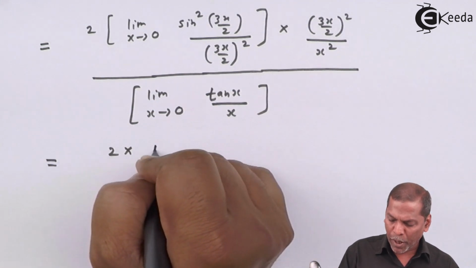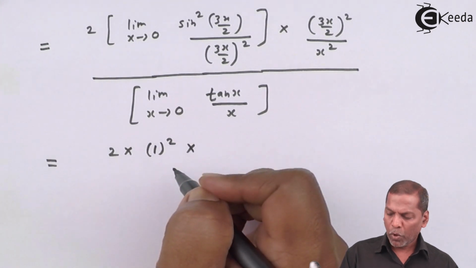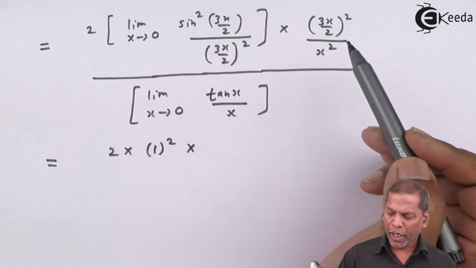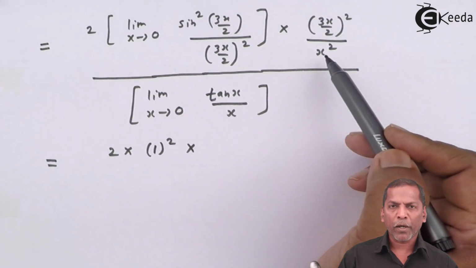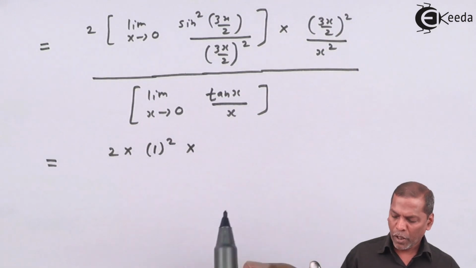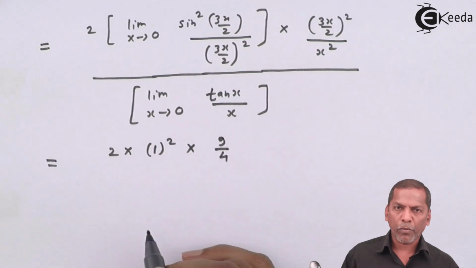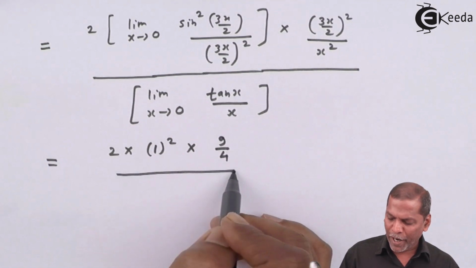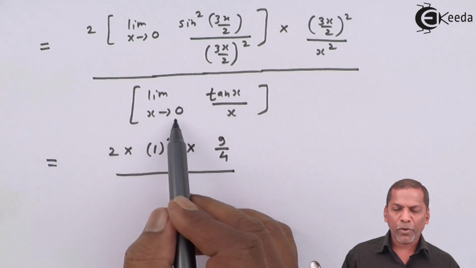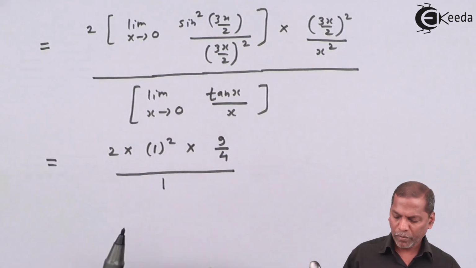So that gives answer 1 the whole square into, now here we cancel x square from numerator and x square from denominator. So we are left with only (3 upon 2) the whole square, which gives us 9 upon 4. And finally divide by limit x tends to 0 of tan x upon x, that gives 1.